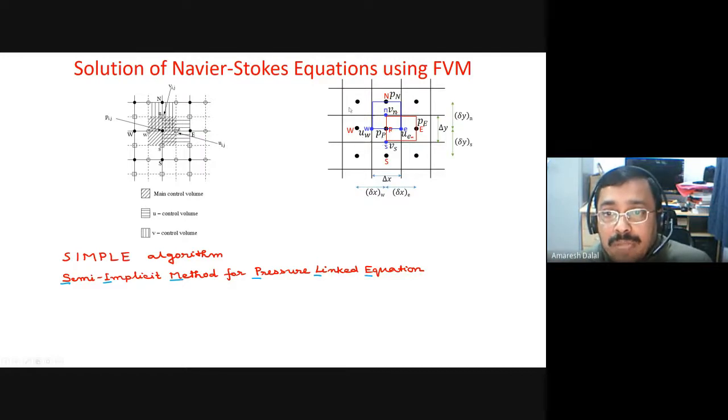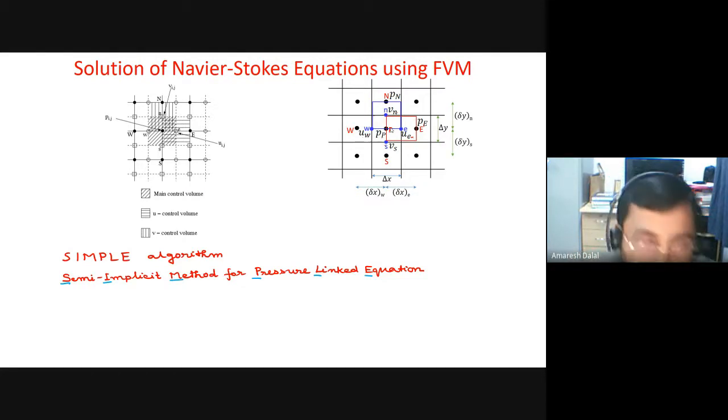And when you are solving the u momentum equation in this control volume, you are taking the pressure from the face center, PP minus PW. So there you don't need to take the average at the face center. So you are taking the actual value. So pressure and velocities are not decoupled in this way in the staggered grid.